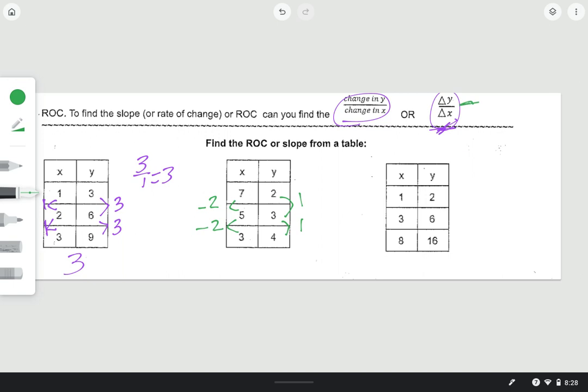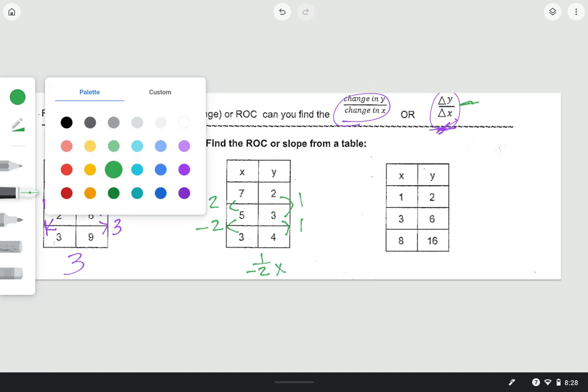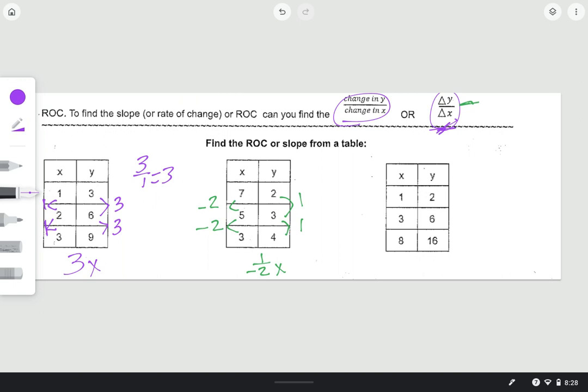Y goes on top. So this is 1 over negative 2, and they both equal 1 over negative 2, so that is the slope, or the rate of change. And remember, we always want to attach an x to the rate of change just to get us ready for the next part. So once you find the rate, you'll attach x just so that it helps you moving forward.